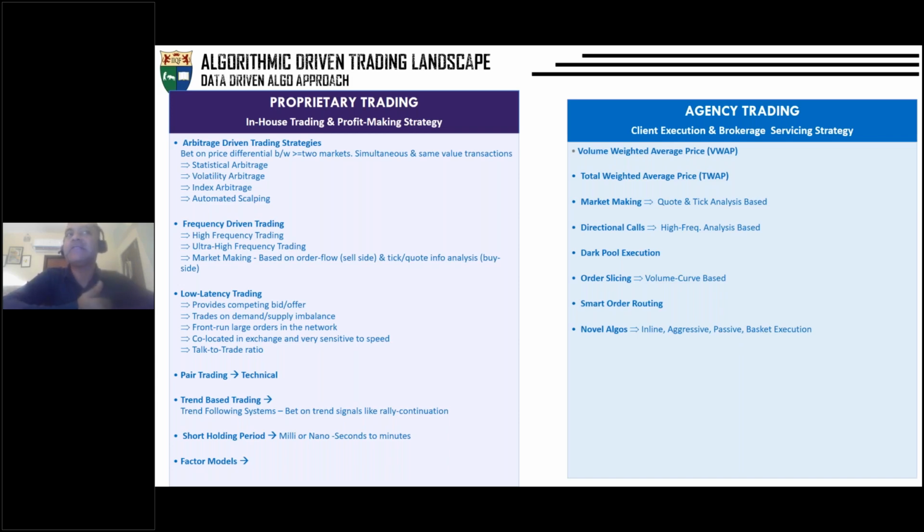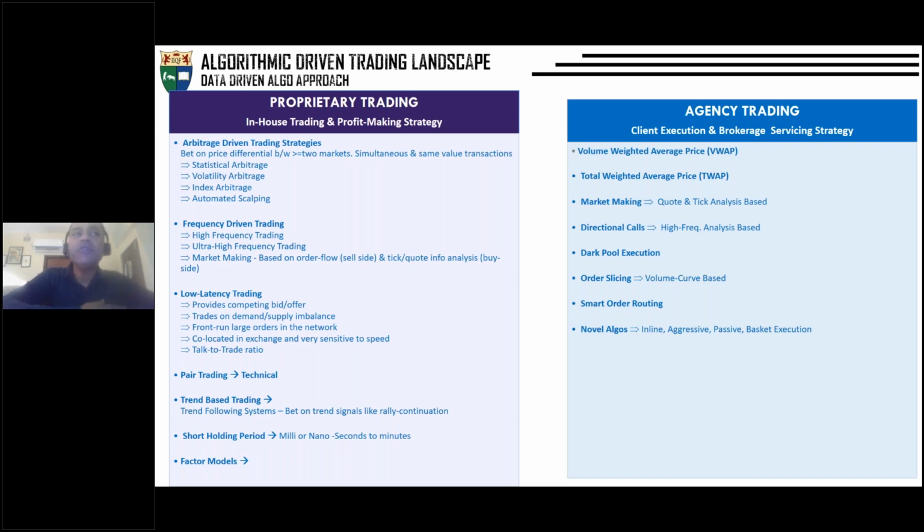So prop trading has volatility based arbitrage, statistical arbitrage, index based arbitrage, automated scalping, all these different arbitrage based trading strategies. And basically it's nothing but exploiting the pricing anomalies between two things which are generally considered to be holding a statistical correlation between each other.